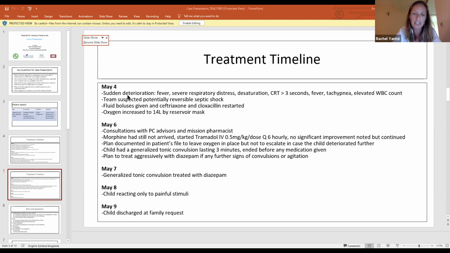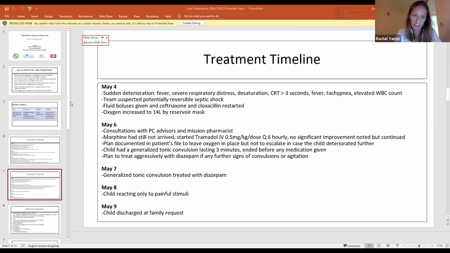At that point, we made a decision that if we were able to wean the oxygen a little bit, and she were to worsen further, we wouldn't re-escalate the oxygen. She also had a convulsion the one night, but it stopped before we gave any medication. And at that point, we made a decision that if she were to have any convulsions at all, we would aggressively treat with diazepam.